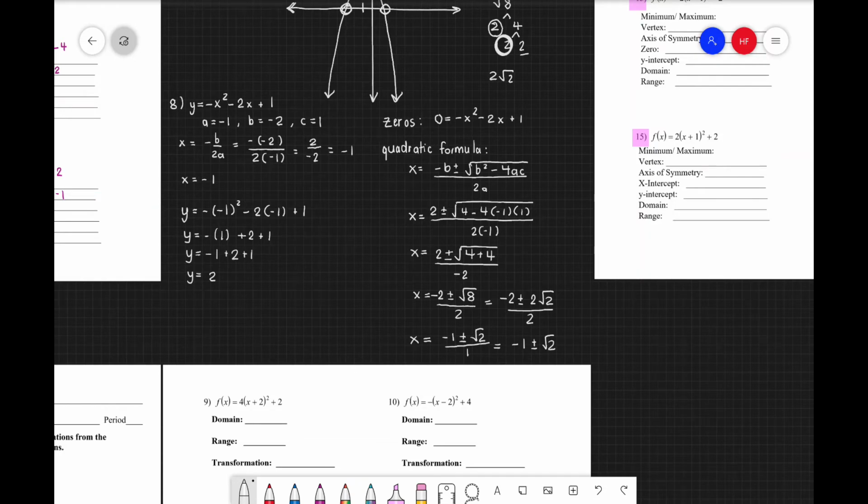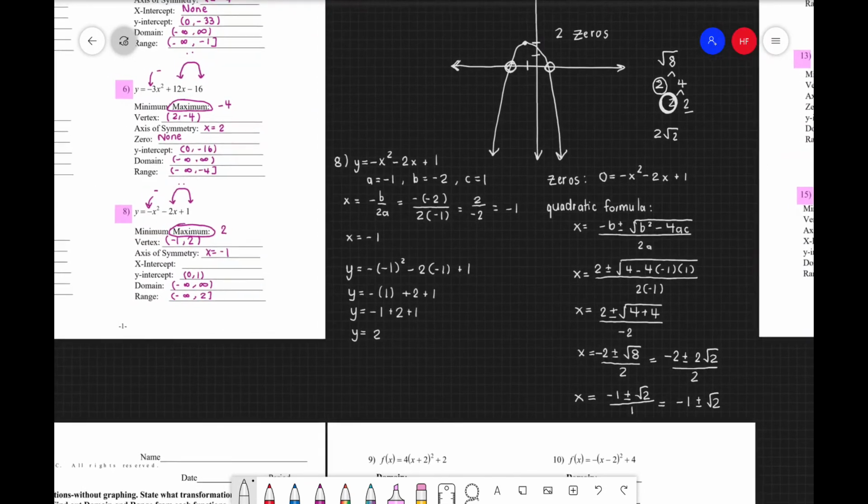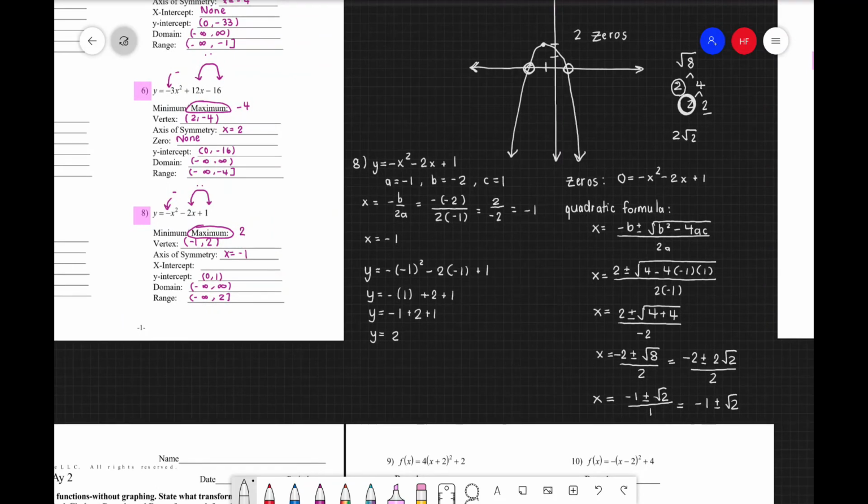So for my zeros, my x-intercepts, we're going to have negative 1 plus square root of 2, 0, and negative 1 minus the square root of 2, 0.